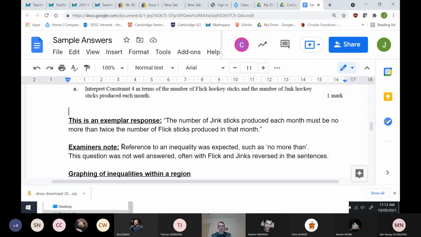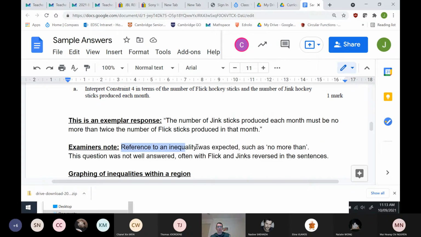Examiner's notes on this. You'll notice when you read exams, there's these things called examiner's notes. That's where they note common answers or misconceptions students have, and you'll find that when you start getting through examples of exam responses. This examiner note said reference to an inequality was expected, such as no more than.